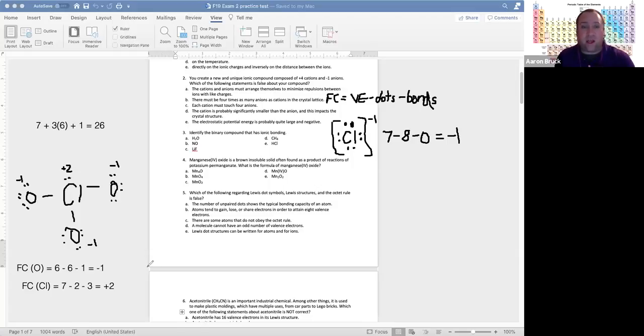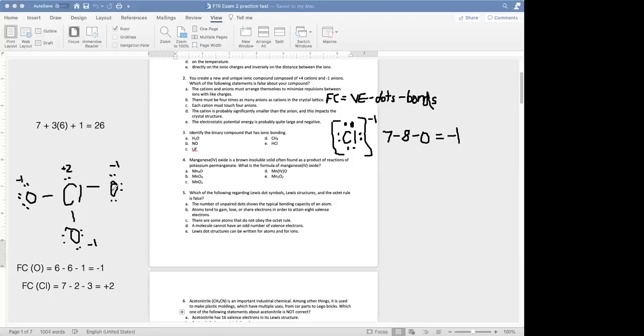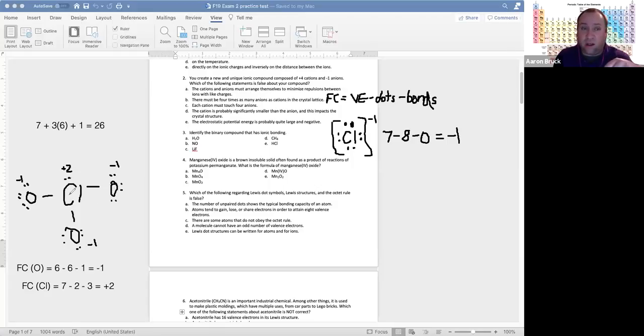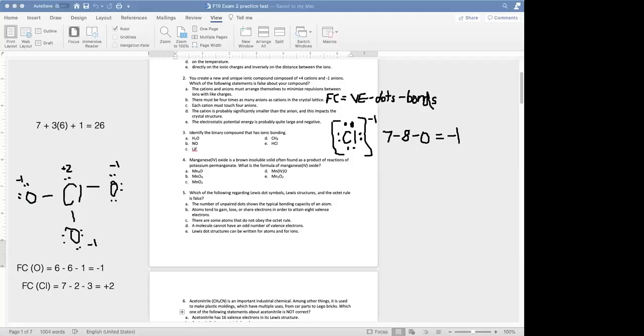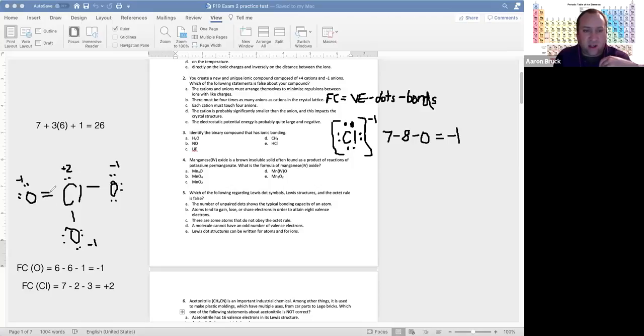So if I break the octet rule, and obviously I can't break it for oxygen, but I can break it for chlorine. But if I break the octet rule and turn some of those pairs of dots into an extra bond, I can see that by doing that once, that erases this formal charge, because now the calculation here would be 6 minus 4 minus 2 for 0.